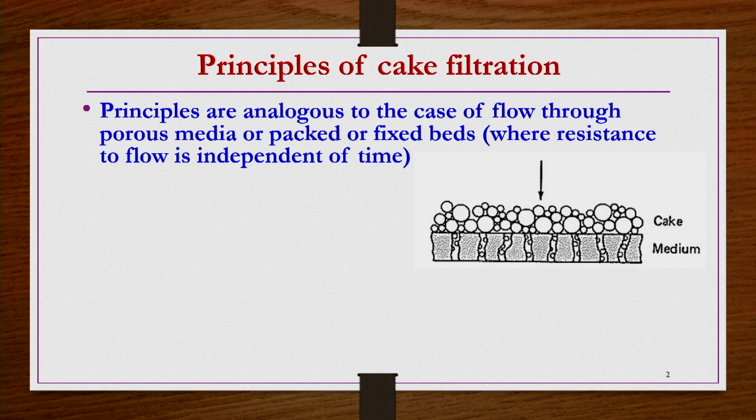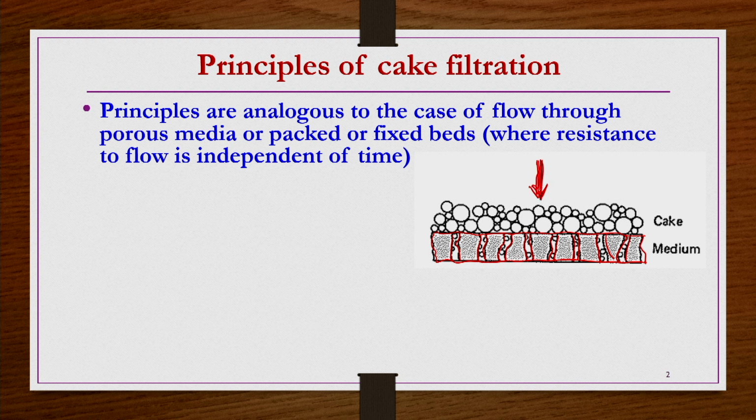So, just to recapitulate, the filter medium for cake filtration has some kind of porous structure. These porous structures are shown as straight or slightly straight channels, but not necessarily straight channels. They can have interlinking between the channels.